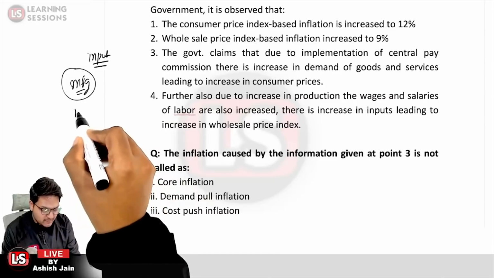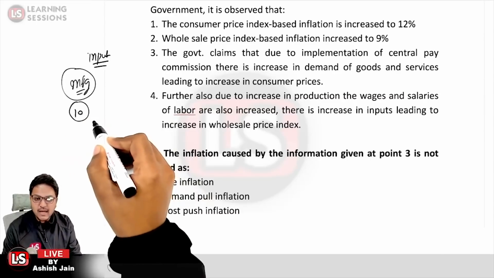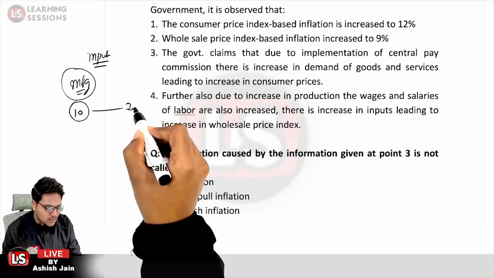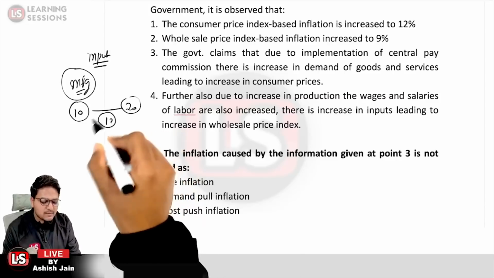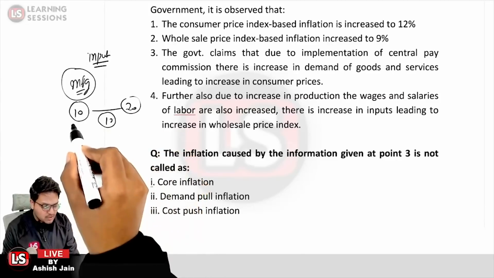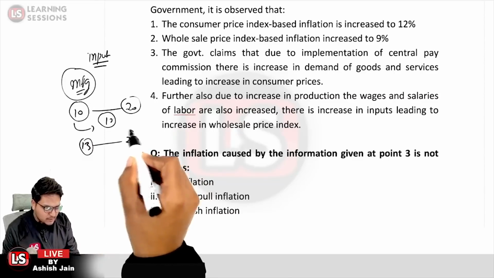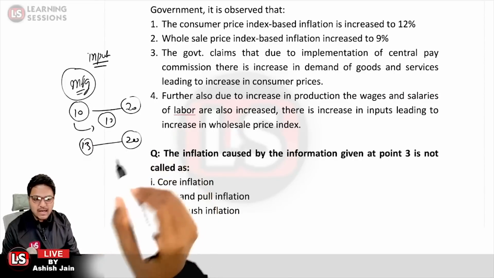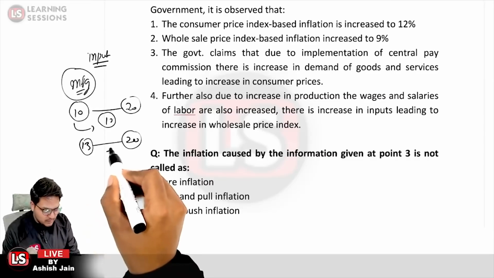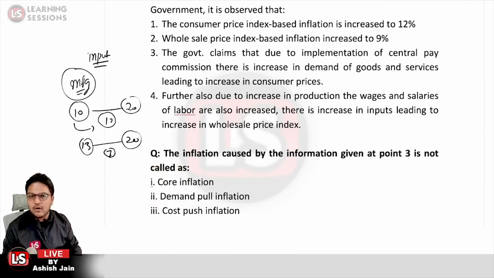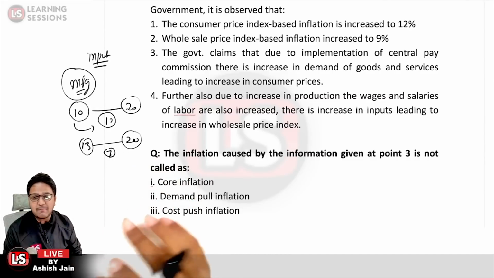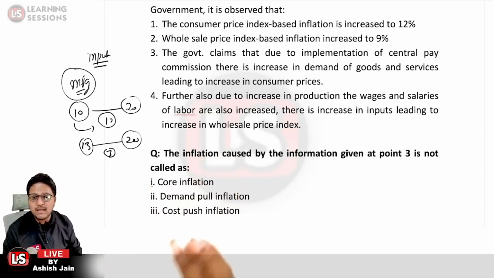If previously I was able to produce a product at rupees 10 and was selling it in the market at rupees 20, I was making a profit of rupees 10 per product. But now the input cost has increased to 13 rupees, and I am selling the product at the same price of rupees 20, and I'm making a profit of rupees 7 only. Definitely I'll lower my manufacturing in that case, because I'm not able to make that much profit.